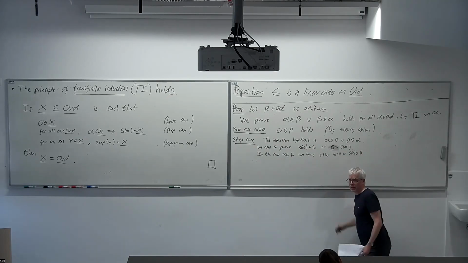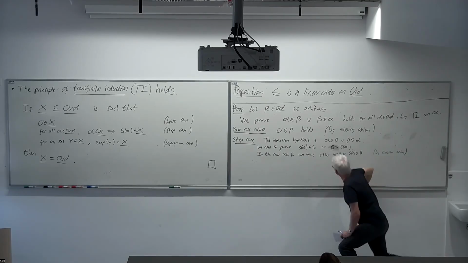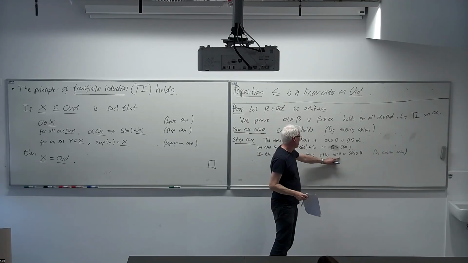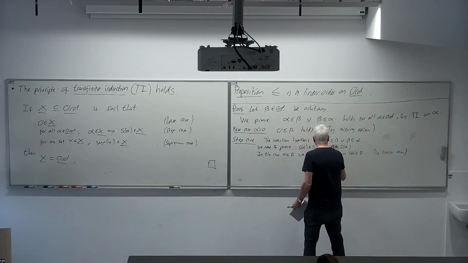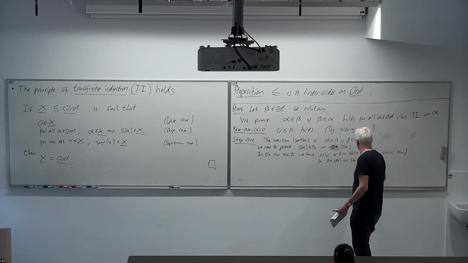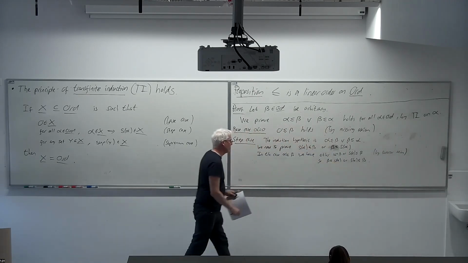That's the successor axiom. And if alpha equals beta, then beta is less than or equal to the successor of alpha. So either beta is less than or equal to the successor of alpha, or the successor of alpha is less than or equal to beta, which is what we want to show.